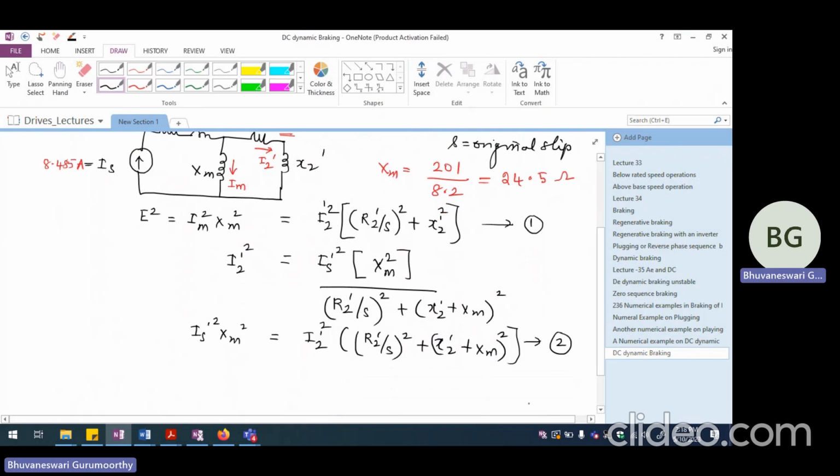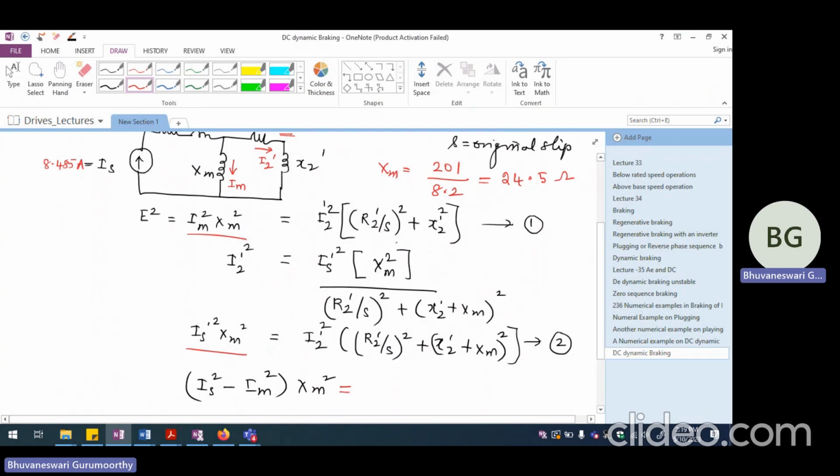So comparing equation number 1 and 2, I should be able to write this as IS square minus IM square multiplied by XM square. So I am using these two portions, and that should be equal to I2 dash square multiplied by R2 dash by S whole square plus X2 dash plus XM the whole square.